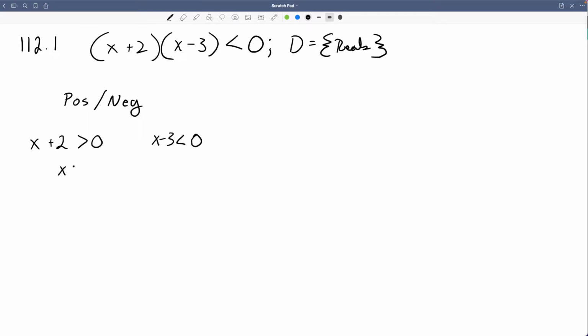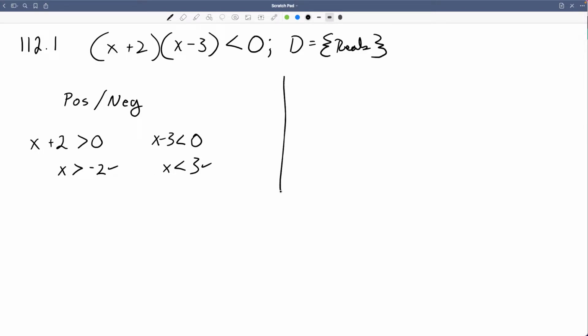Subtract 2 from both sides: x is greater than negative 2. Solve this: x is less than a positive 3. Now, can a number that is greater than negative 2 be less than a positive 3? Yes, we could put in positive 2 here. Positive 2 is still less than positive 3. So both of these work together.